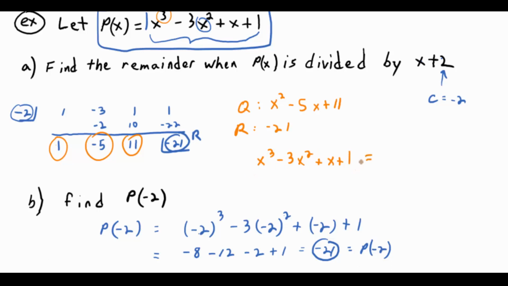Is equal to what? The divisor times the quotient, okay? So what's the divisor? X plus 2. And the quotient? This one, right? Plus the remainder. So we'll just go minus 21.